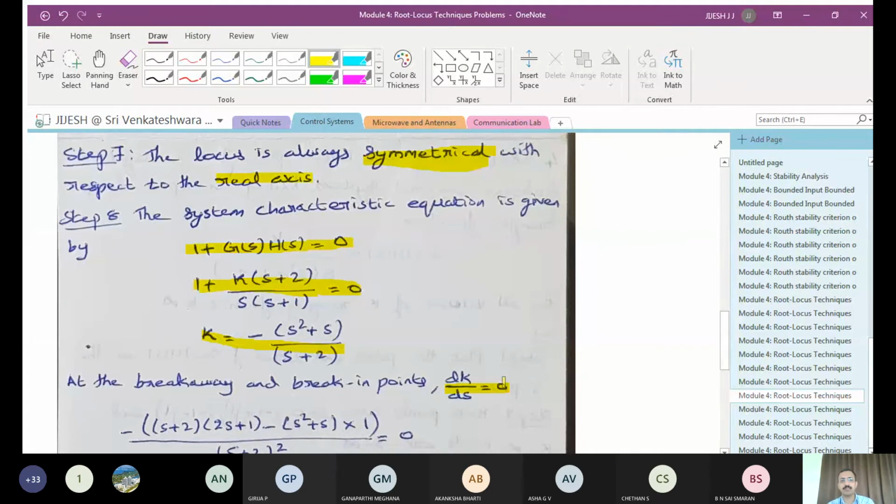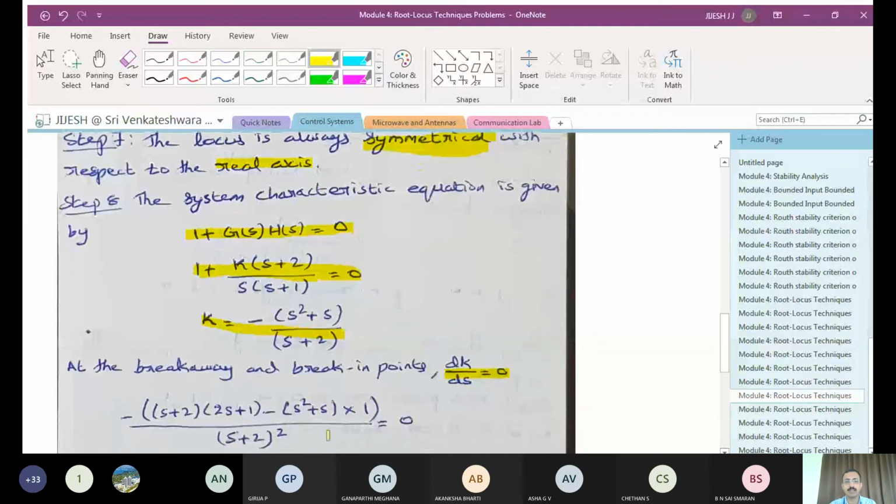When you do dK by ds equal to 0, you will get minus of [(s plus 2) into (2s plus 1) minus (s square plus s) into 1] divided by (s plus 2) whole square, equal to 0.